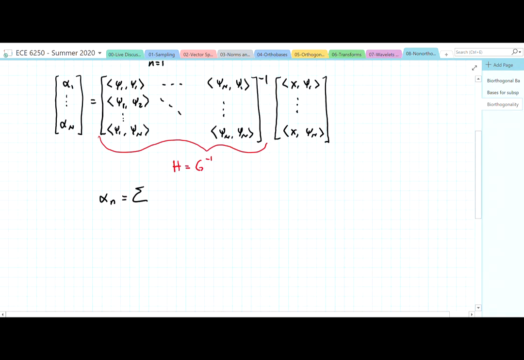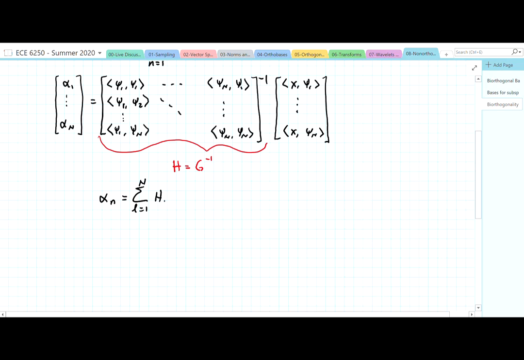Alpha 1 will be the top row multiplied by the column matrix over onto our right, and since we've already defined this as a matrix H, I'll use that notation.